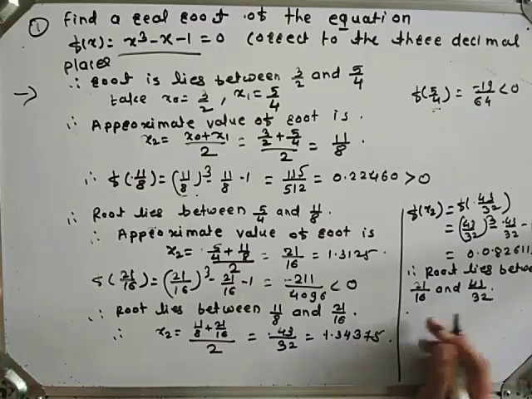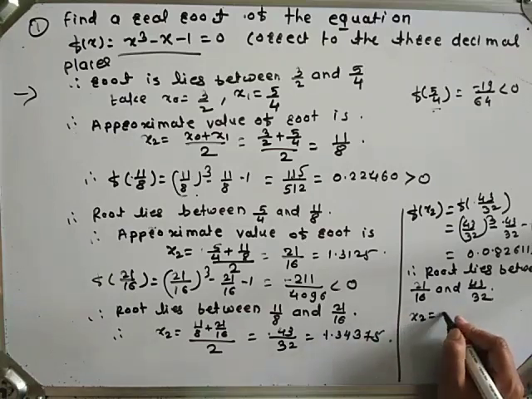Now we have to find the approximate value of the root. Therefore x2 is equal to (x0 plus x1) upon 2.